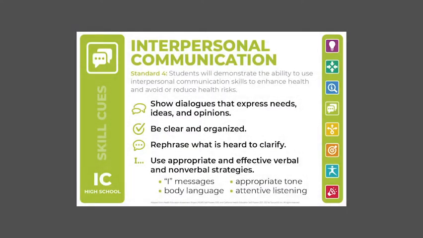The things that I just described are called skills cues, and they are on our poster, and they are ways that we have broken down the interpersonal communication skill so that you have a list of things that you're looking for or that you need to show to be able to do this skill.